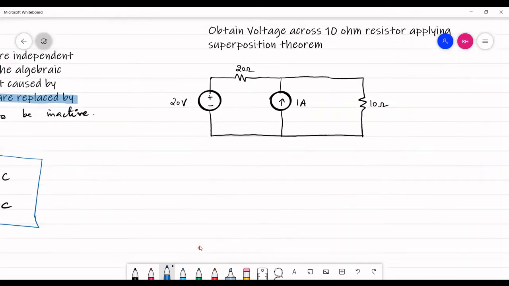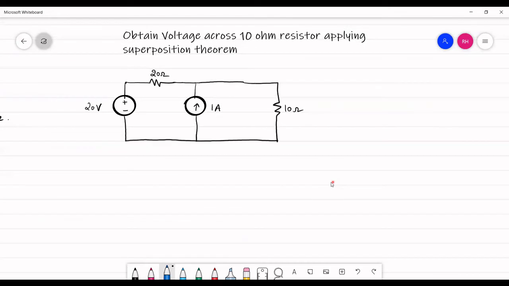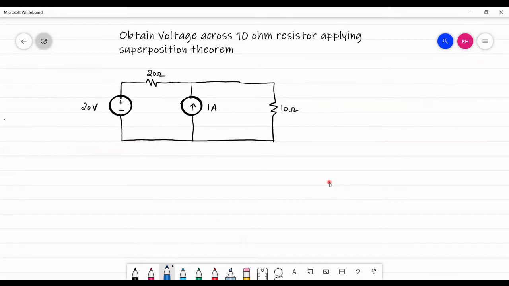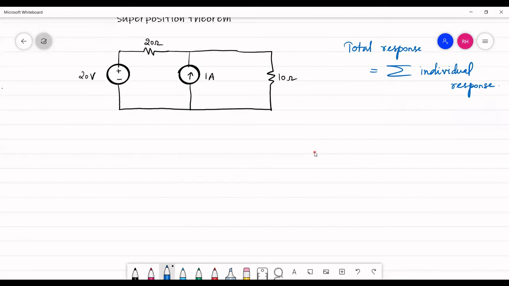Now let me take you to this problem. So superposition theorem states that the total response is equal to the algebraic sum of individual response created by every source when the other source is inactive.